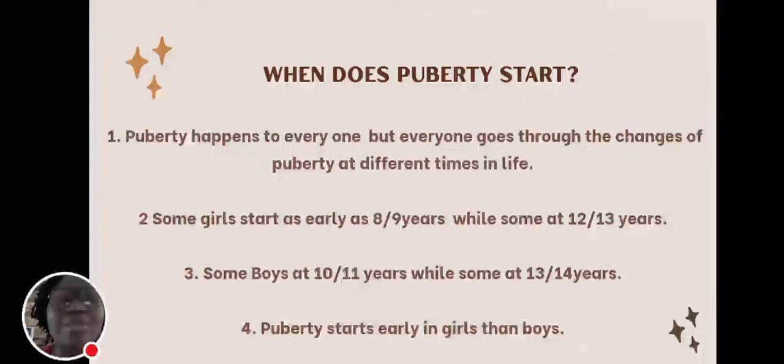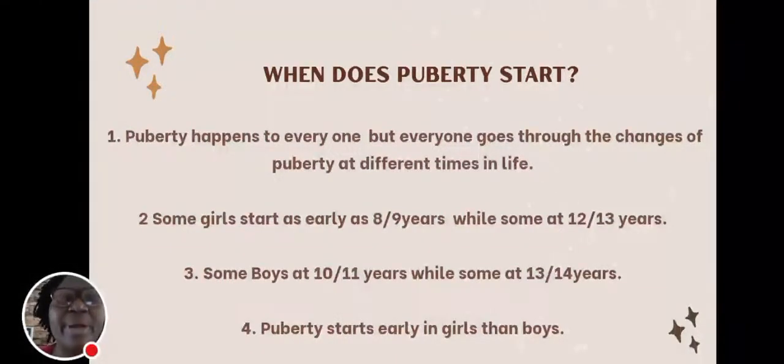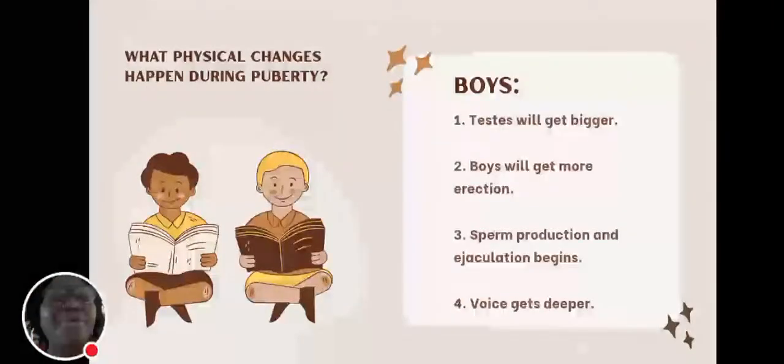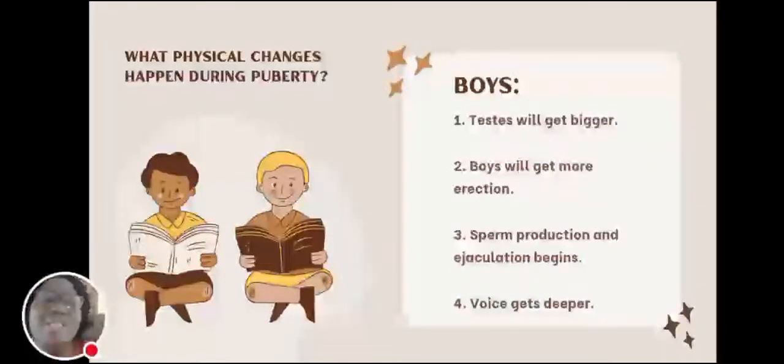But later I started seeing the changes in my body. So if you notice that your friends' bodies are changing and yours is not yet, relax. Just like I told you, it will happen to everybody, but at different times. Don't worry at all. So now let's go to the next one.